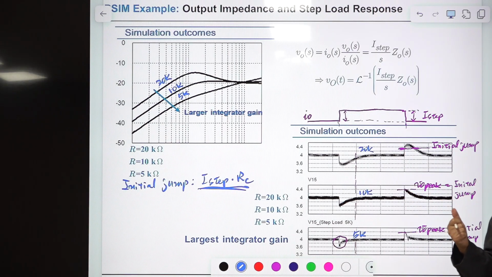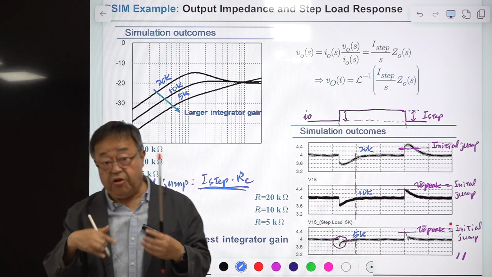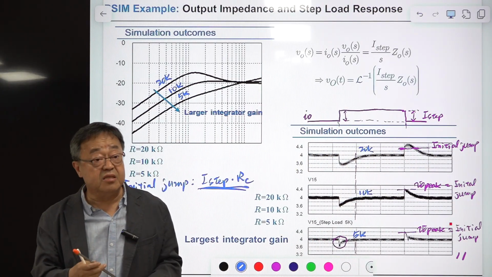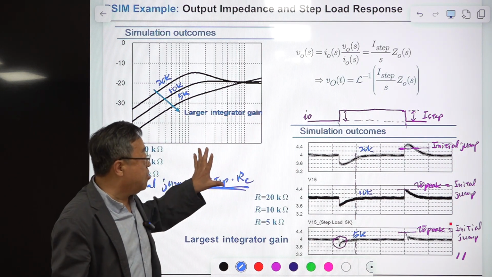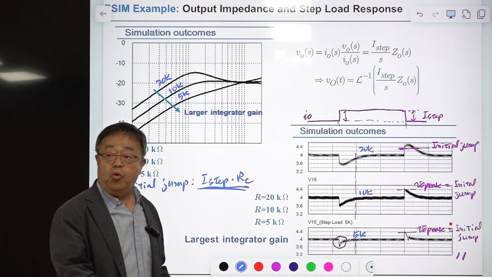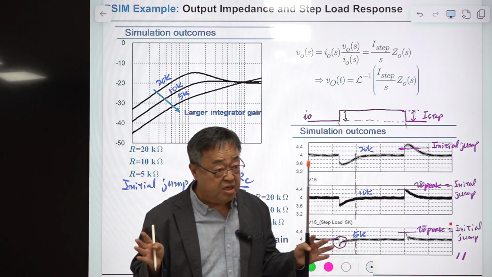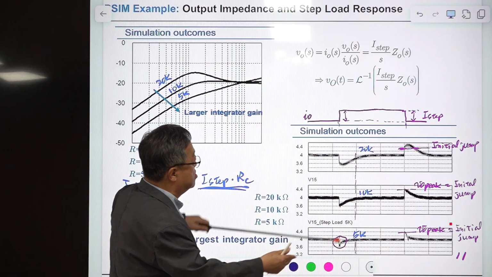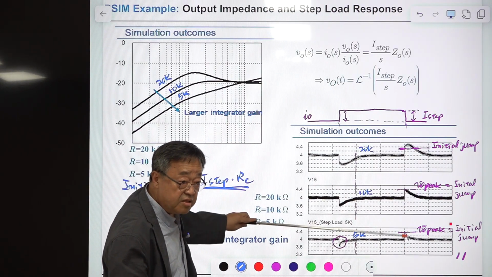Okay, so you know how to select the loop gain crossover frequency in consideration of output impedance and step load response. The similar analysis can be done for the audio susceptibility, but the result becomes very similar to this. Okay. Probably this will be the best selection for this case. Okay. All right.